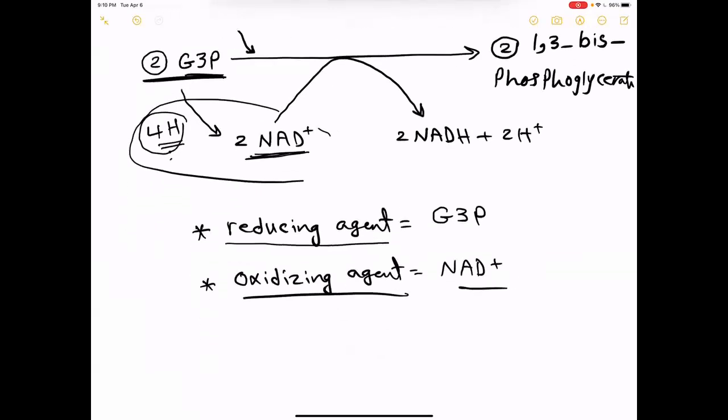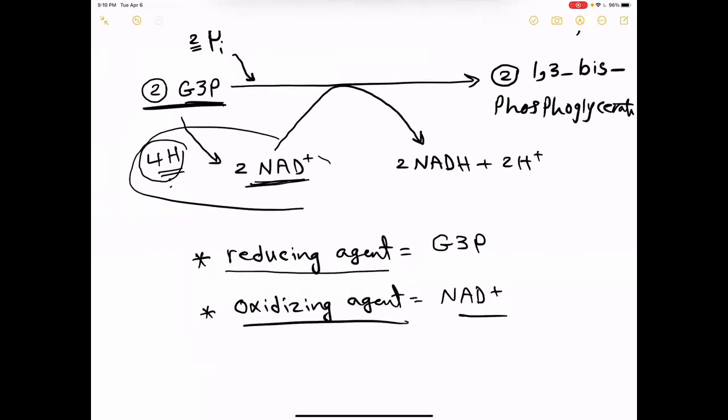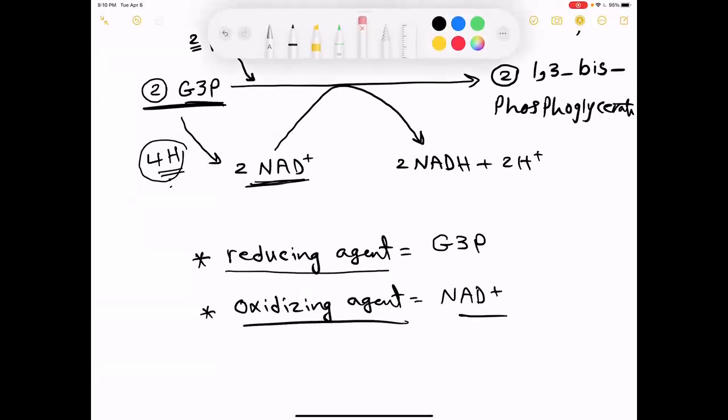So one more time, if you look at this, let me clean it up again. Here. All right, let's do that. Glyceraldehyde 3-phosphate is losing hydrogen. Again, glyceraldehyde 3-phosphate losing hydrogen.